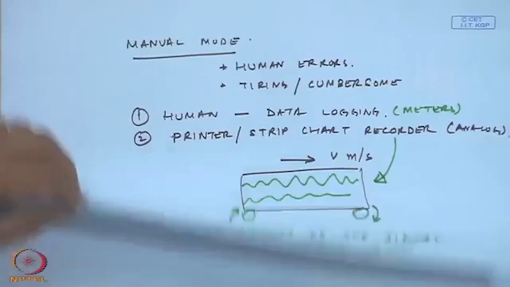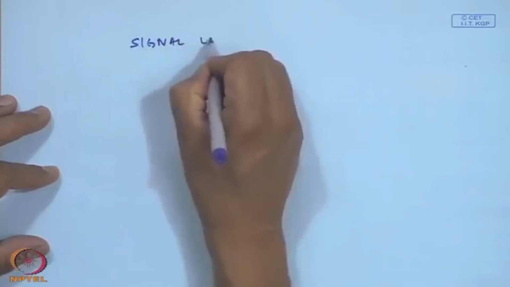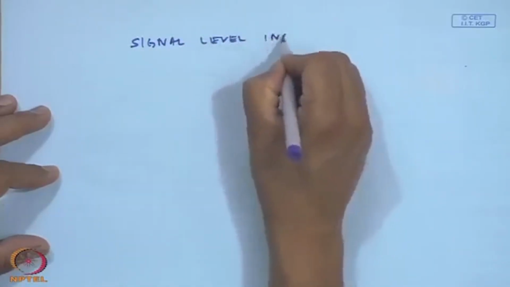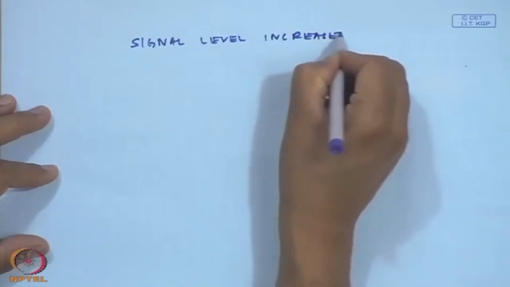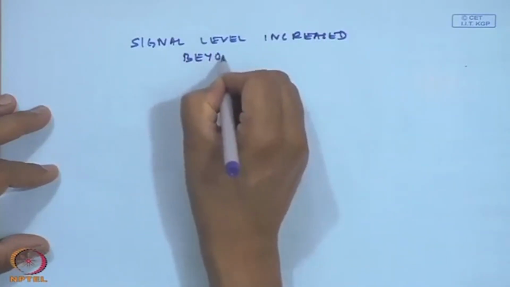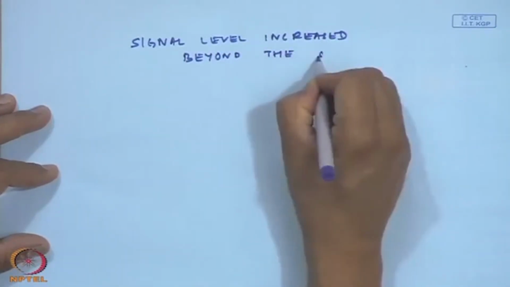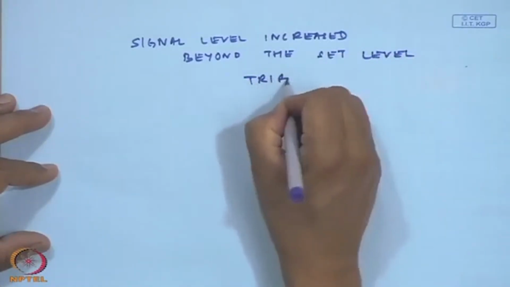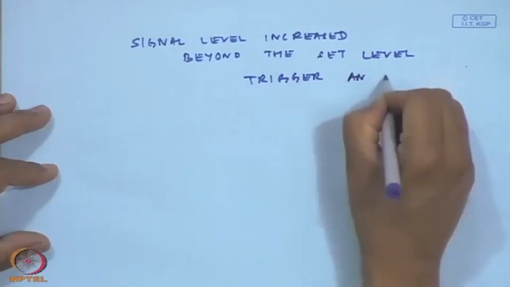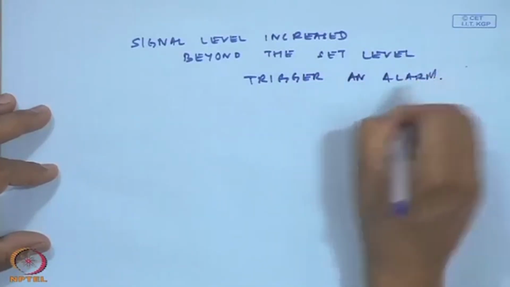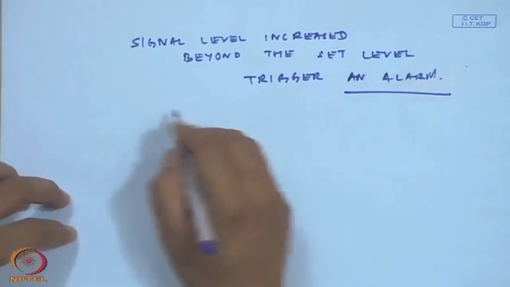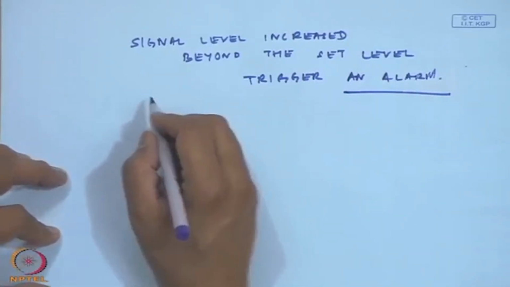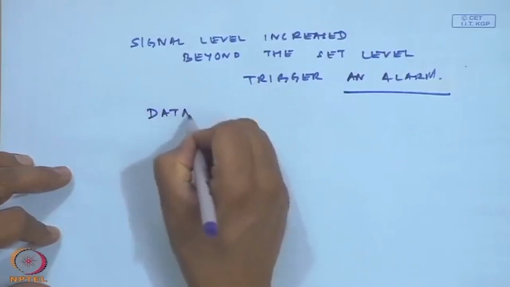That means, when the signal level increased beyond the set level, it would trigger an alarm. And this was the traditional method of, I would say, data recording.